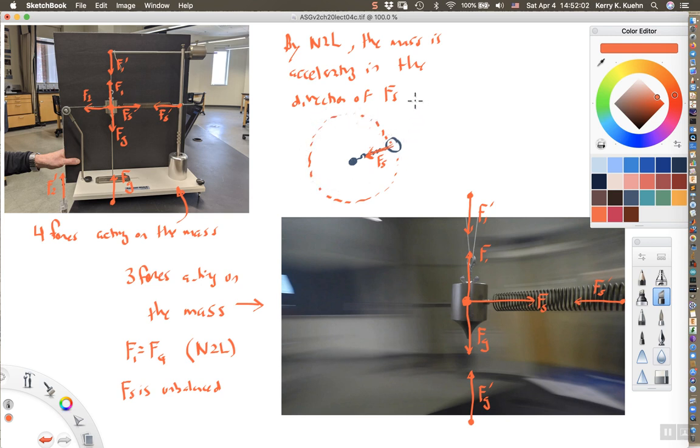That's what F sub s is doing. So F sub s is what's called a centripetal force. Centripetal force is a force that attempts to move something in a circle. So I'm going to stop there and talk a little bit more about that in my next lecture.